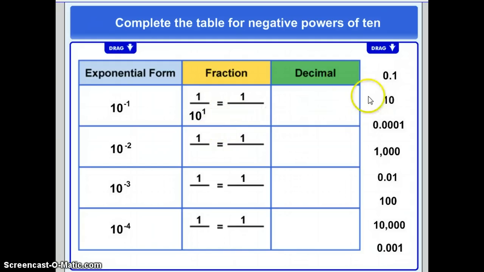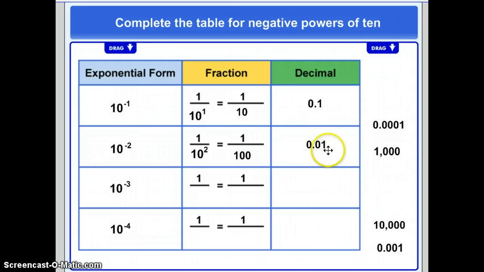So 1 over 10, the fraction is 1/10. And 1/10, the decimal, is written as 0.1. 10 to the negative 2 power, again, we take the reciprocal, so it's 1 over 10 to the second. 10 to the second is 10 times 10, which is 100, so that gives us 1/100th, and that is written in decimal form as 0.01.